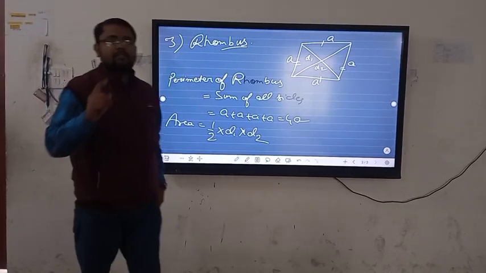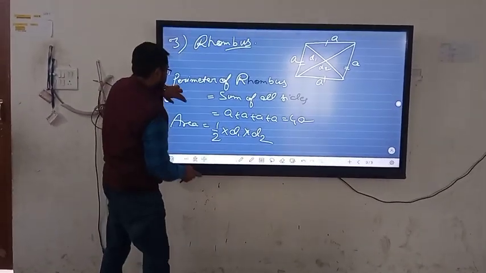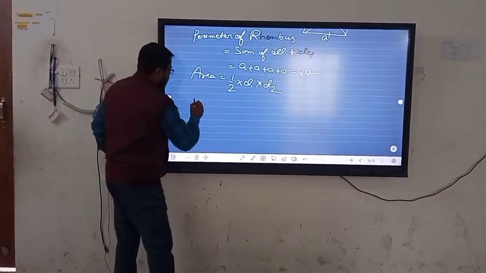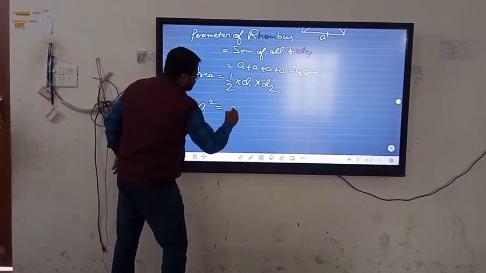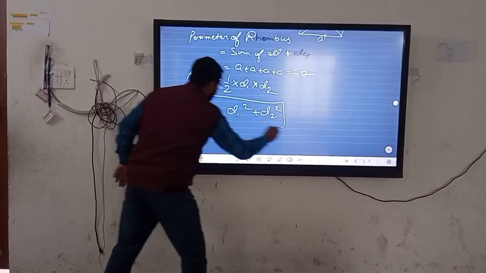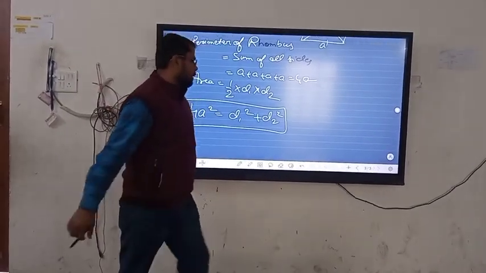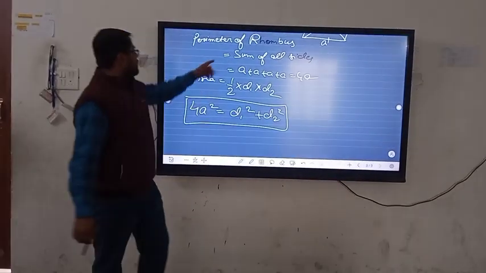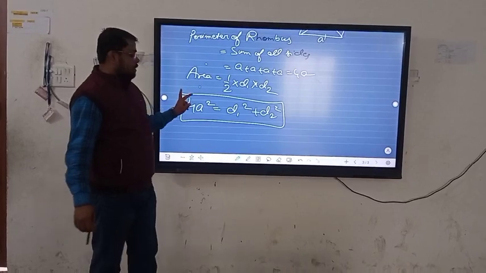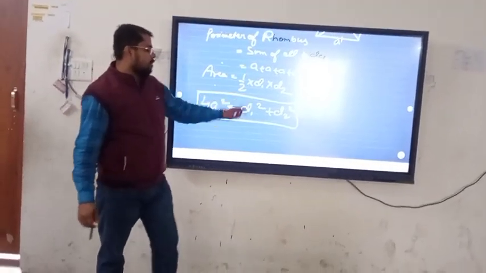D1 into D2, diagonal 1 into diagonal 2. Okay. Here is another formula. 4a square equals to d1 square plus d2 square. This is another formula to gain the side of rhombus. Okay, this is the perimeter, this is the area, and this is the formula to gain side of the rhombus if given that diagonal 1, diagonal 2.